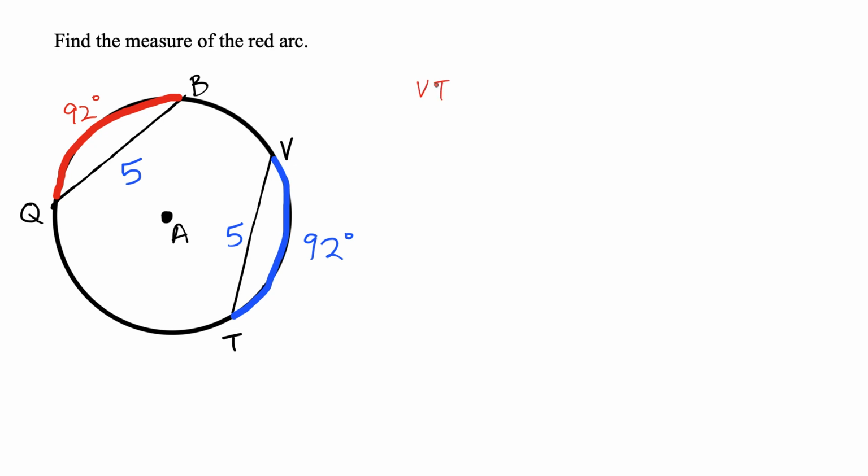So if you want to write that as a mathematical statement, you can write VT, or actually let's write it in blue because this side of the circle is in blue. So you can write VT is equal to 5 and QB is equal to 5. They are congruent.